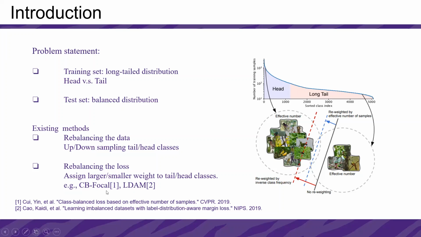So in this figure, you can see in the classification line, the black line is no reweighting, and here are the tail classes and here are the head classes, and the red line is the reweighted result. I think the red line is more reasonable because, as I said, the tail classes are more valuable in this paper.